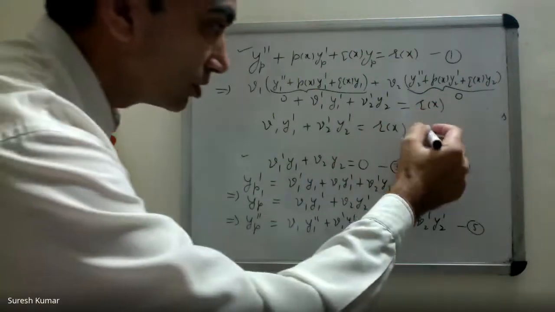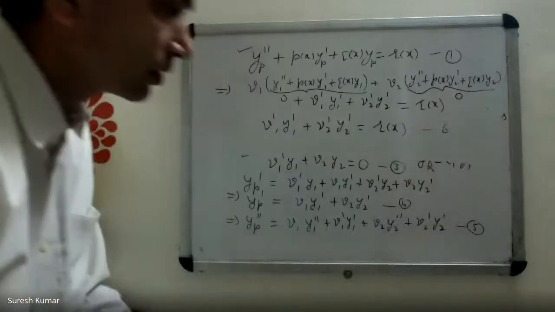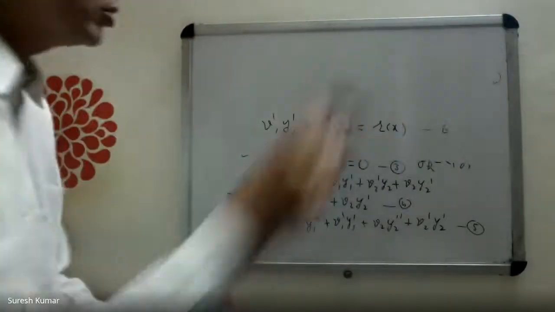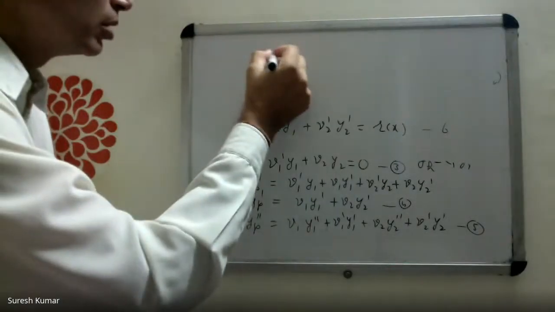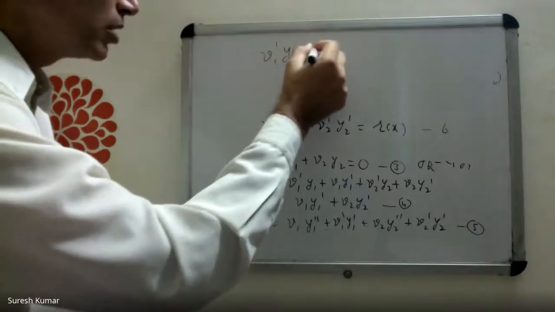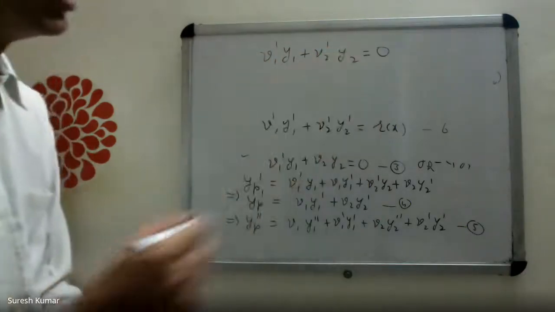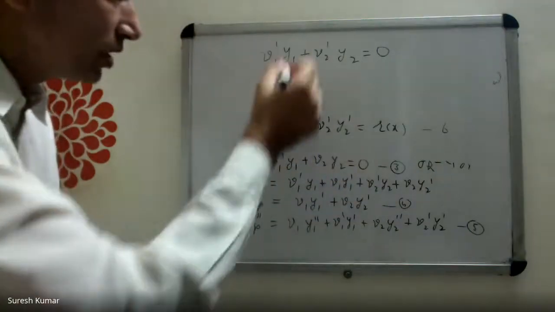Let's call it equation 6, or you can name it differently. But before that, you imposed a condition: v1 prime y1 plus v2 prime y2 equal to 0. And this is the equation that you have obtained.